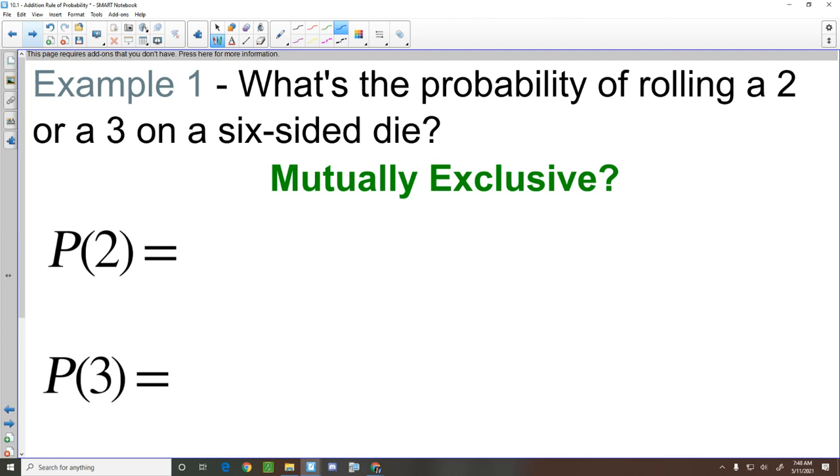So what's the probability of rolling a 2 or a 3? You're going to want to calculate those probabilities separately.